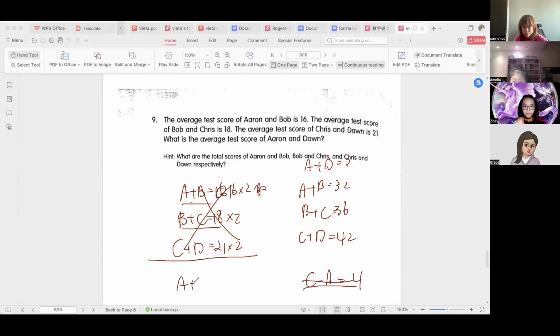So it's A plus 2B plus 2C plus D equals 32 plus 36 plus 42, right? And we can just use all of them minus 36 times 2. So B and C have gone, so we get 80. Get it, Zoe? Get it, Amelia?